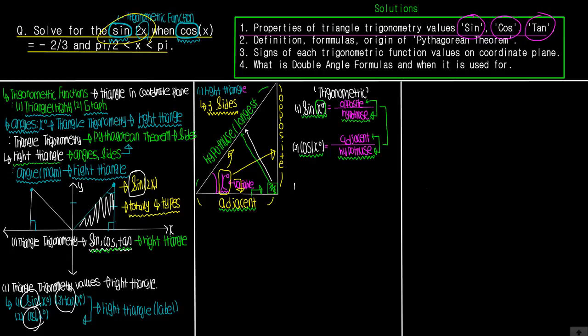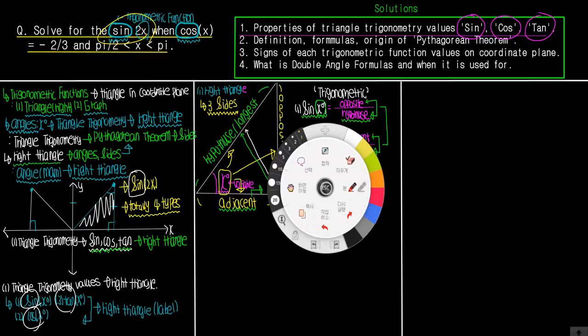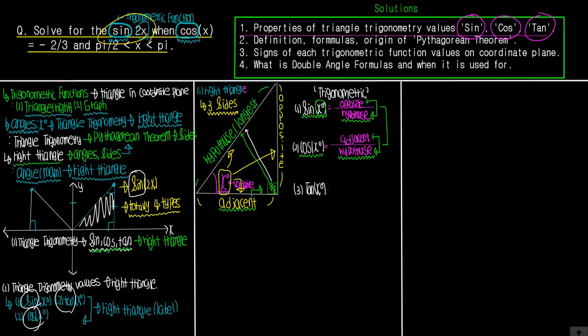Now let's think about the last one, which is a little bit unique for us. What is the tangent of our x degrees? Well, tangent of x is obviously going to be different from sine and cosine, even though they all have similarities between them. What is a similarity that all trigonometric functions have? Well, they are formed by a fraction, a numerator over a denominator.